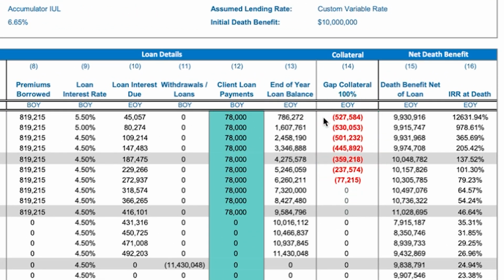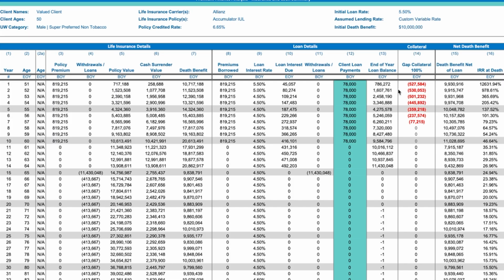The projection in this illustration, based on the illustrated rate and the loan interest rate, is that the peak collateral gets up to $530,000. Then that gap starts to narrow because the cash value is getting larger and catching up to the outstanding loan balance.